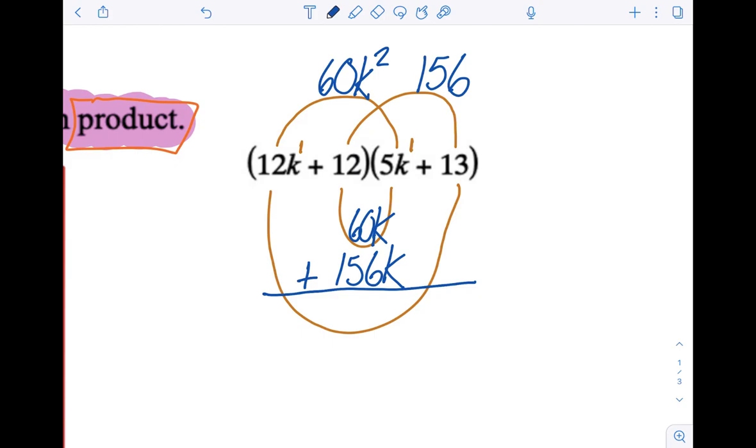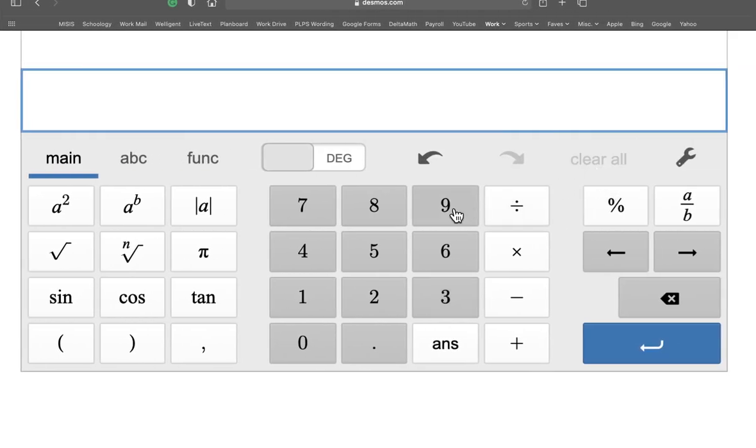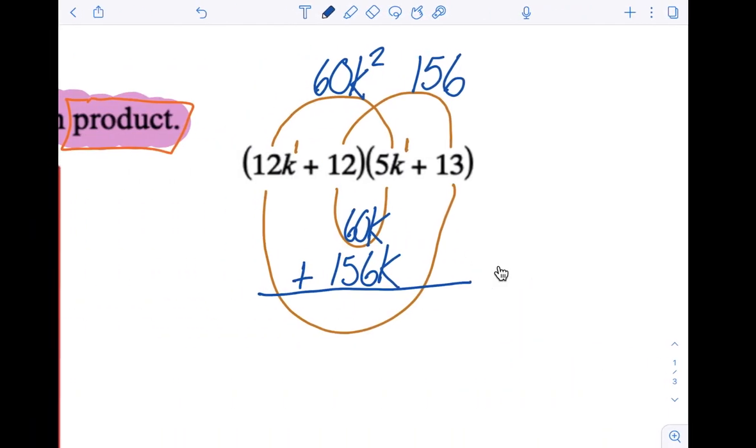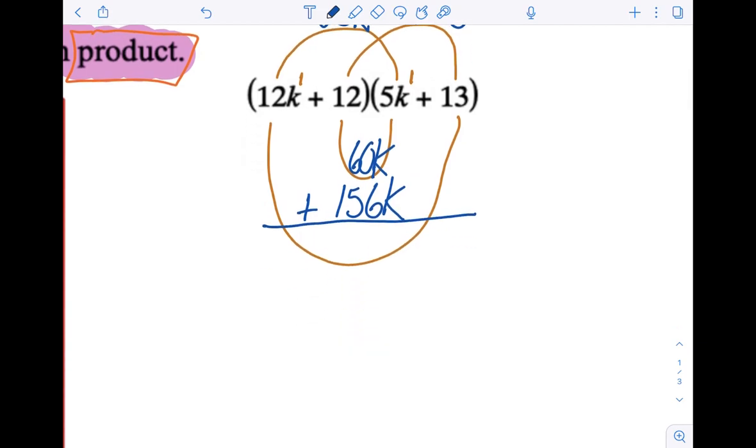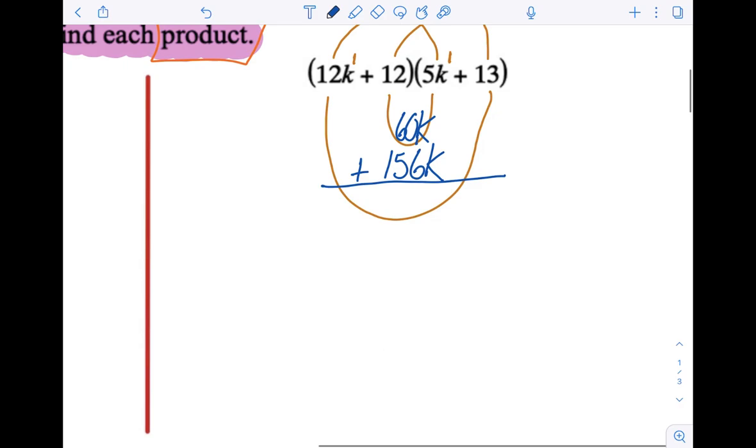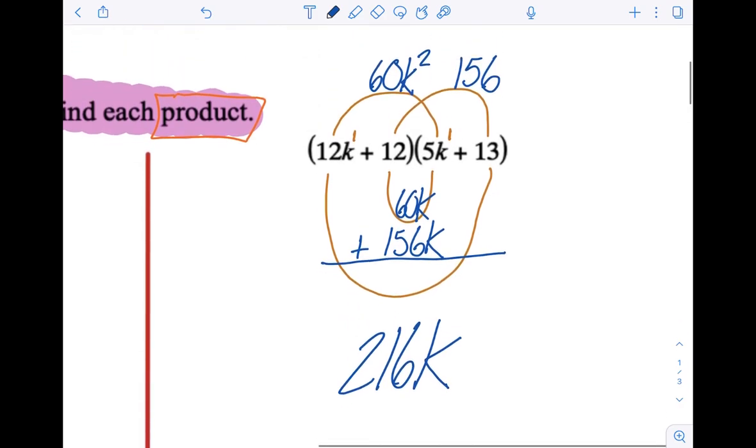So 60 plus 156 is 216. All right. So I get 216K, right? Now, this is a positive 216K.